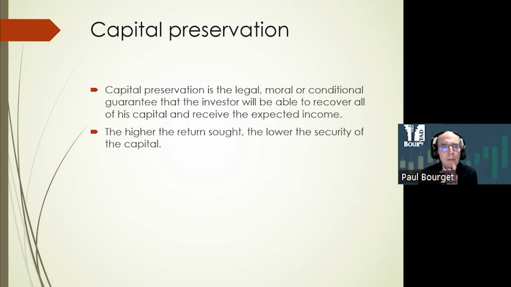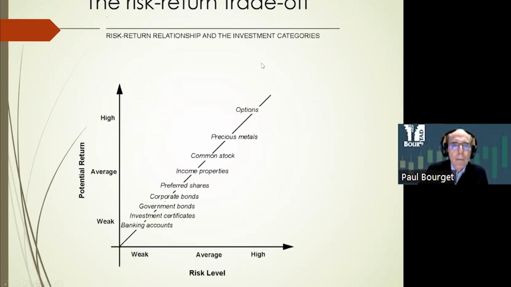Capital preservation is the legal, moral, or conditional guarantee that the investor will be able to recover all of his capital and receive the expected income. So that's capital preservation. The higher the return sought, the lower the security of the capital or the safety of the capital.